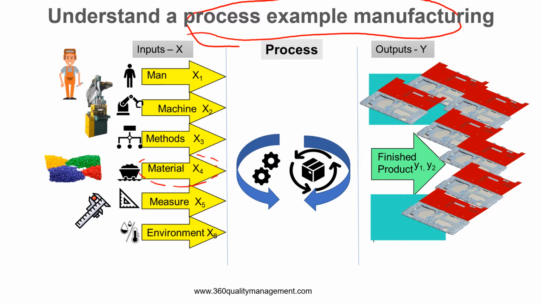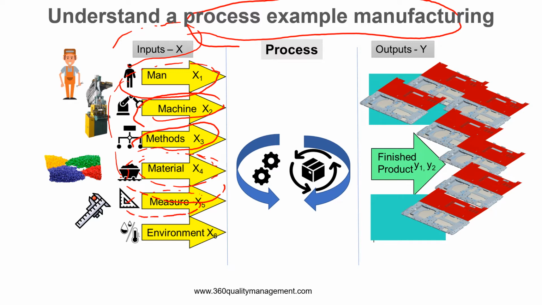All manufacturing processes have inputs: material as a key process input, man that needs to work on the manufacturing process to transform the material, the machine that helps to transform the material, the method that is used to transform, and also the measurement process that measures the products or the material as well.